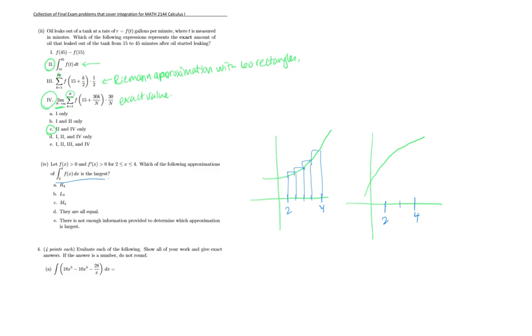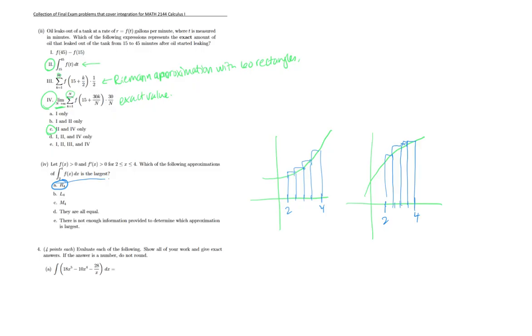And similarly, for this one, our right-hand sum would also be the biggest because it's going to go over the green line, over the graph. So whether it's concave up or down, it doesn't matter. The right-hand Riemann sum will be the largest.